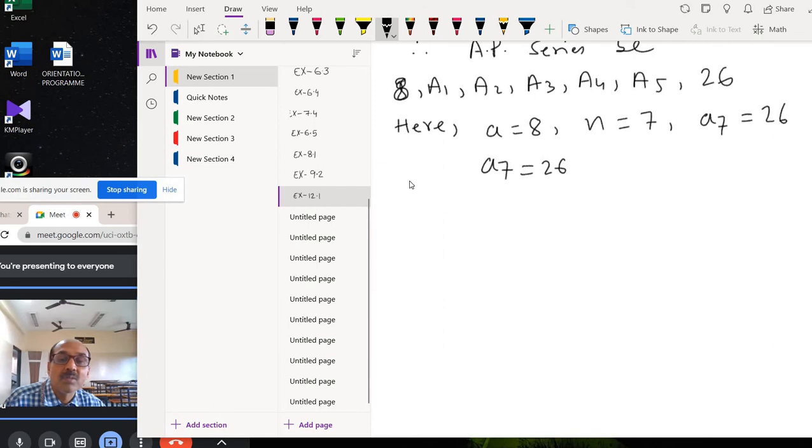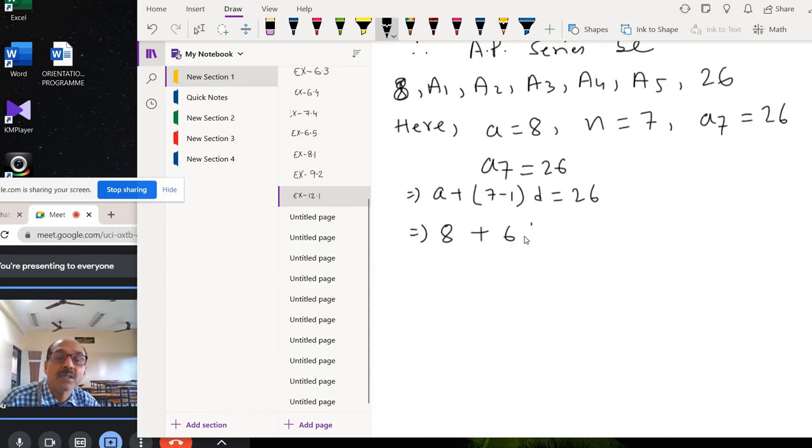Use the nth term formula. a7 is equal to a plus (7 minus 1) into d. a is the first term, which is 8.